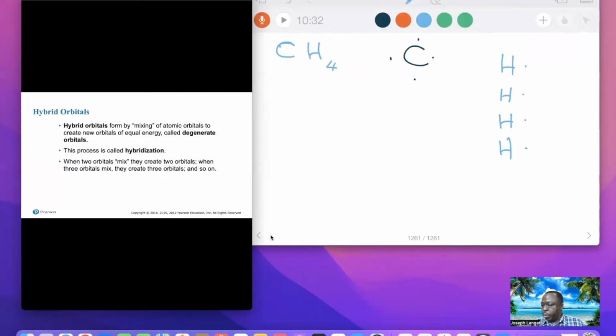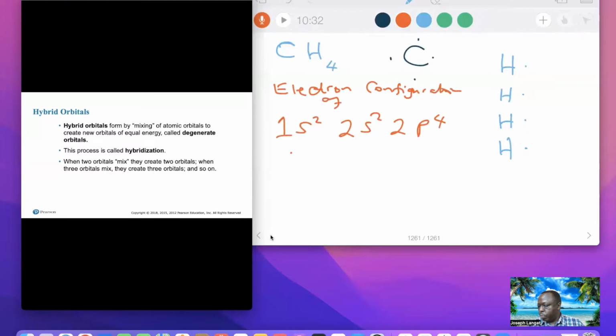The electron configuration for carbon is 1s2, 2s2, 2p2, with the highest energy level being 2.